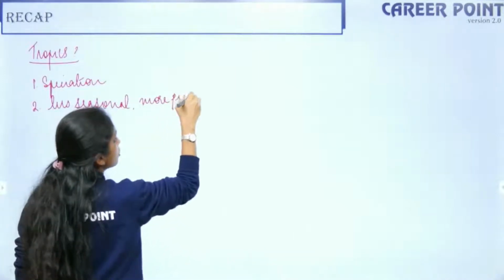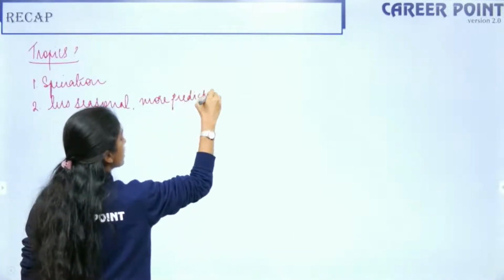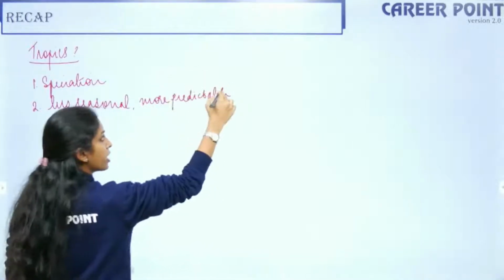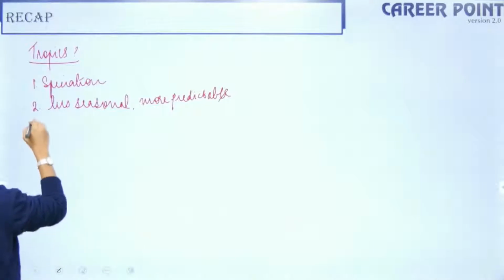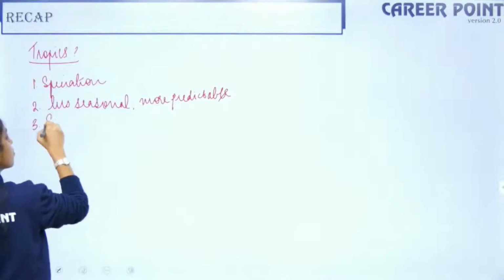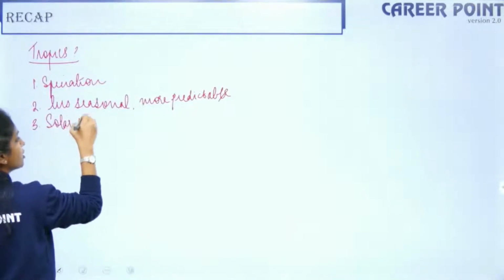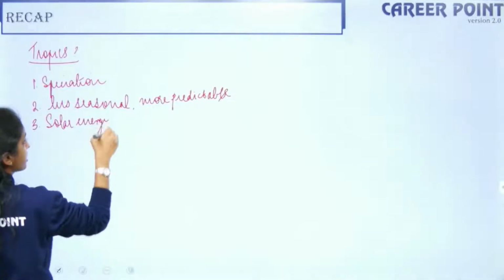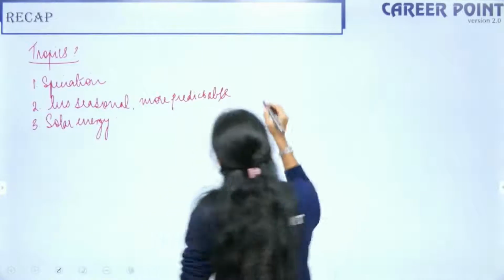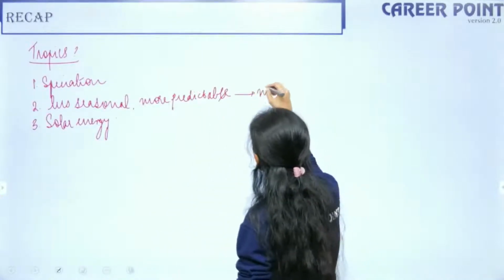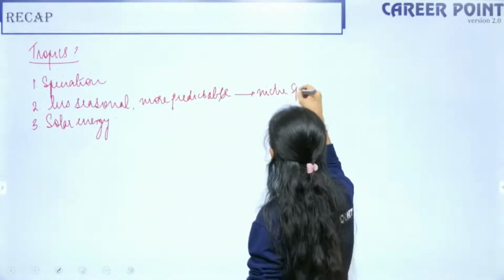So I can tell you what the climate will be in the tropics in November, and next February also. It is more predictable. Number 3, you have more solar energy. So these are the reasons why tropics are favored. It is less seasonal and more predictable, so thus it leads to niche specialization.